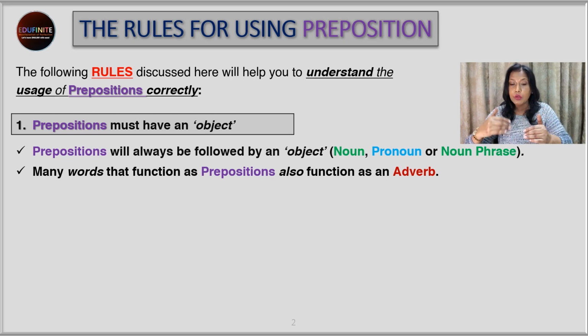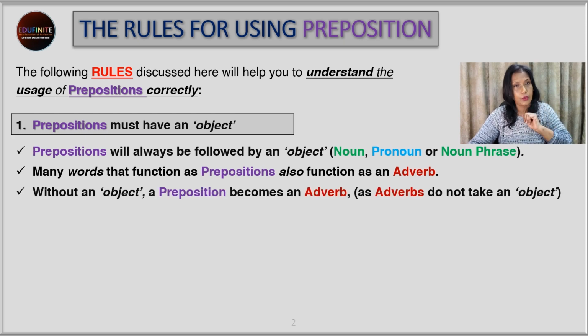Now we come to the reason why it is so important. Without an object, a preposition becomes an adverb, as adverbs do not take an object. So that is the most important part.